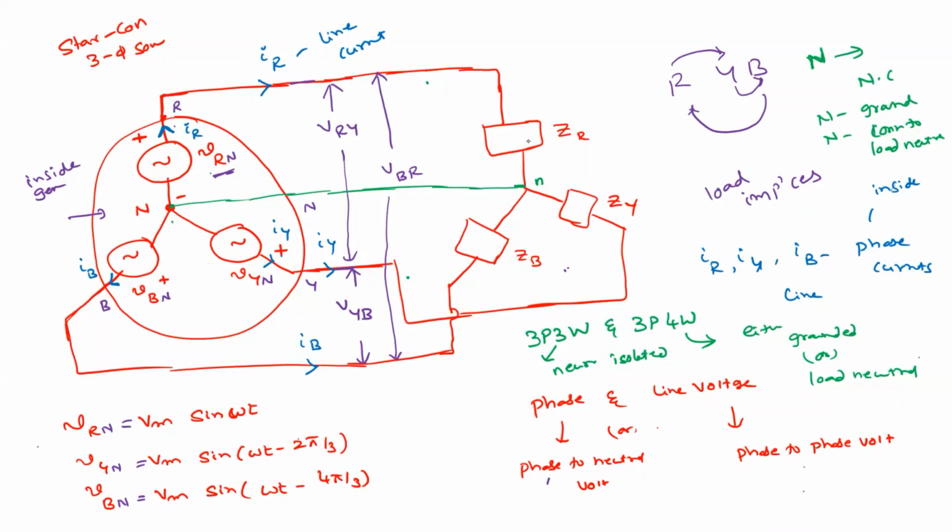Is this clear? Sir, before you proceed, could you once again brief about 3P, 3W and 3P, 4W? I'm getting some confusion seeing the diagram. What is the confusion here? This is three-phase, right?